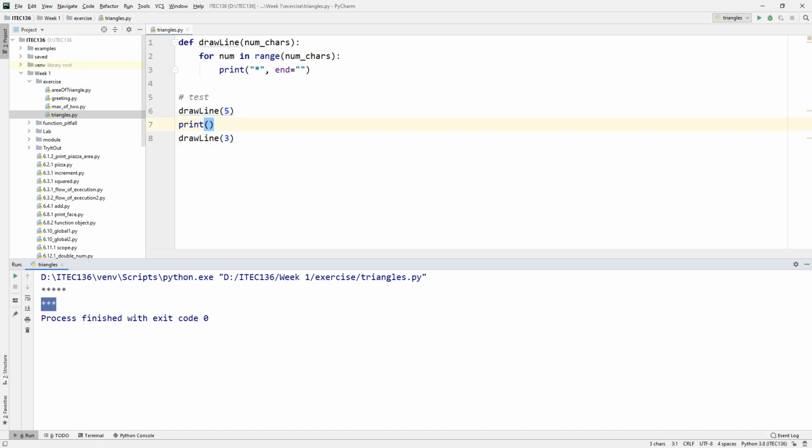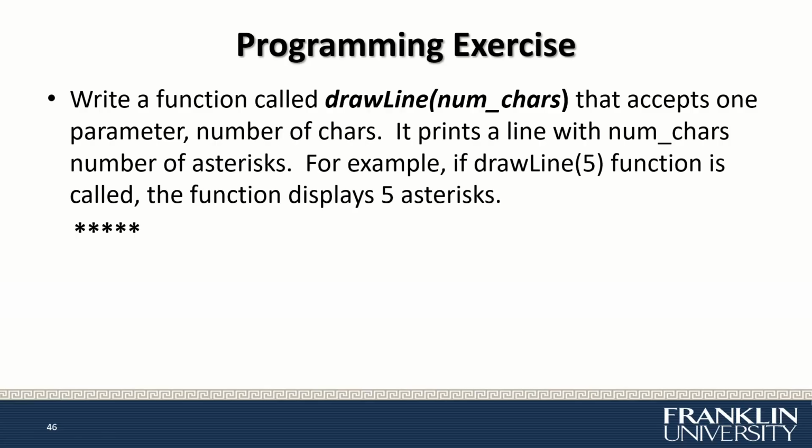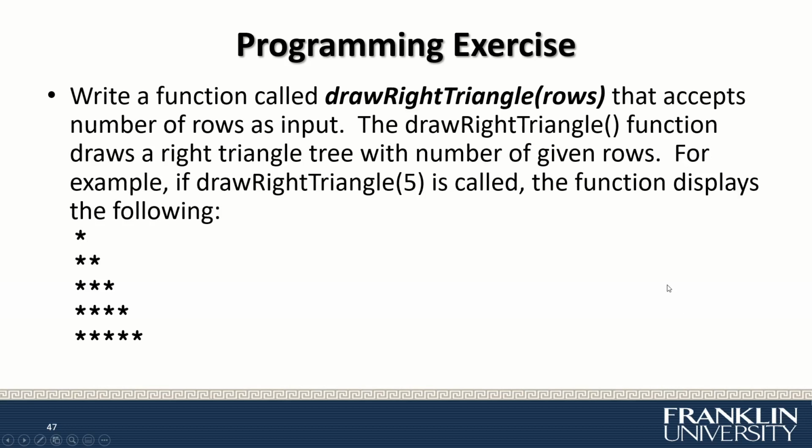Okay, so how does this work with our triangle? Well, let's write a function called draw_right_triangle(rows) that accepts number of rows as input. The draw_right_triangle function draws a right triangle with the given number of rows.